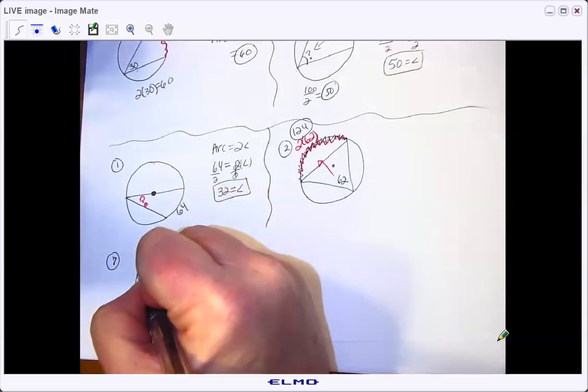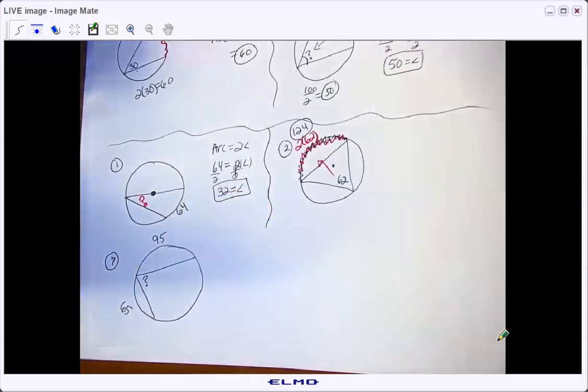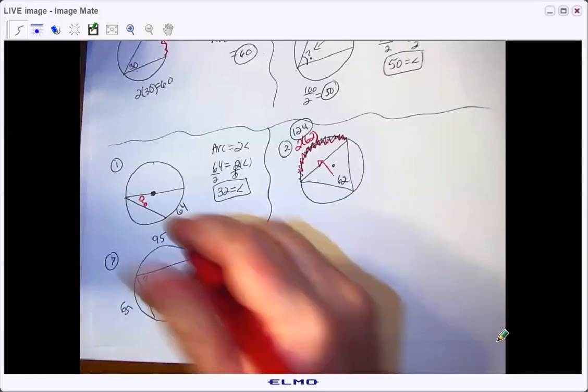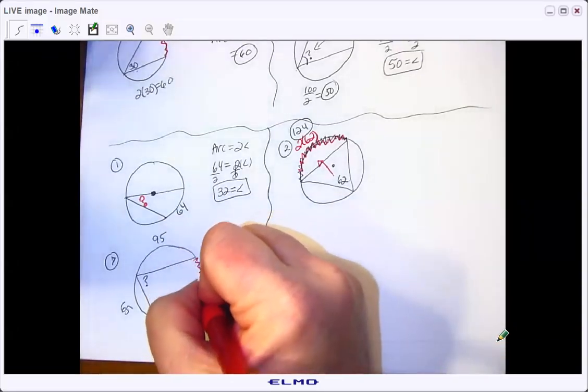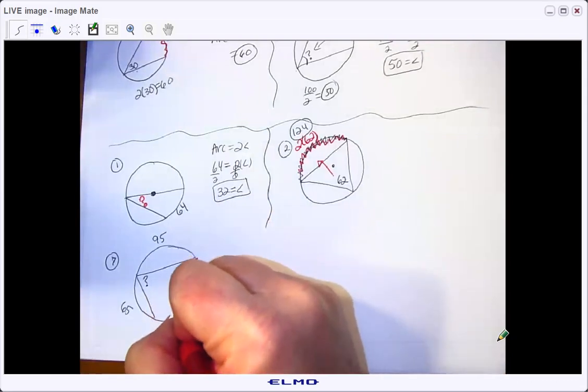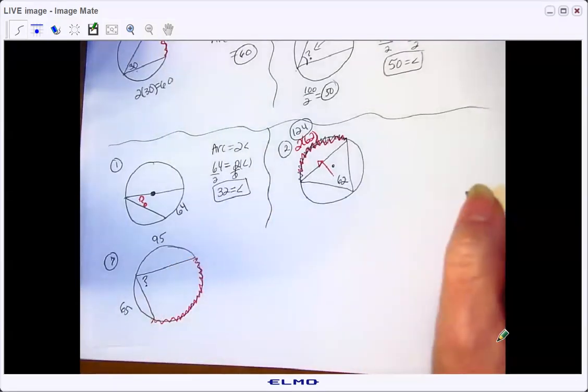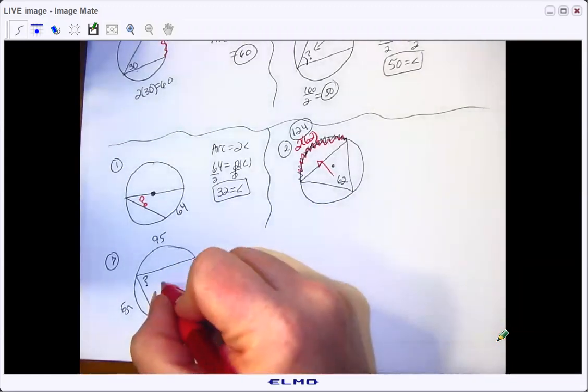But I want to find that angle. That angle. So think about it for a minute. Don't yell out your answer. Most of you don't anyway, but I need this arc in red before I can find that angle.